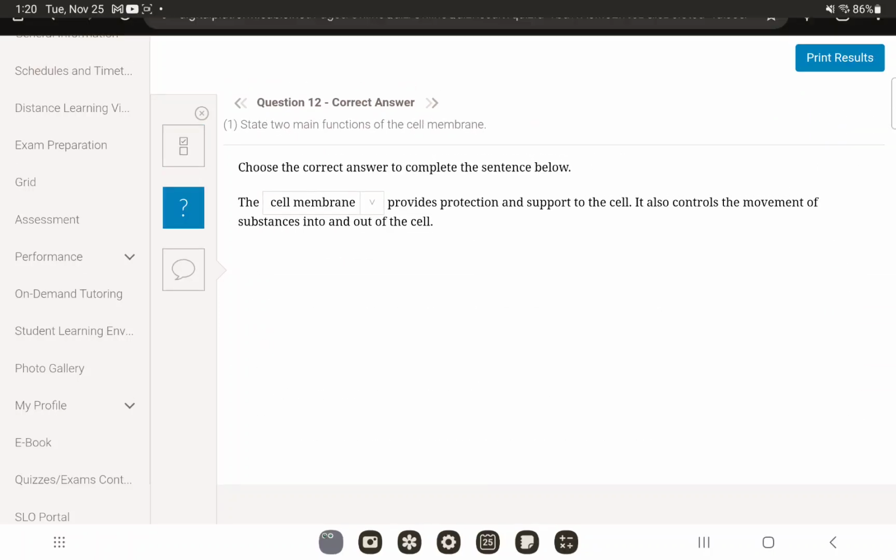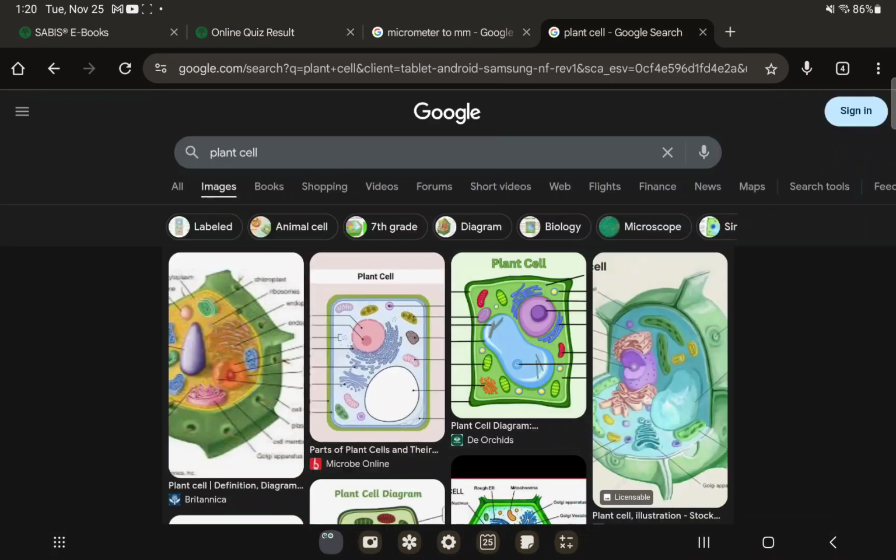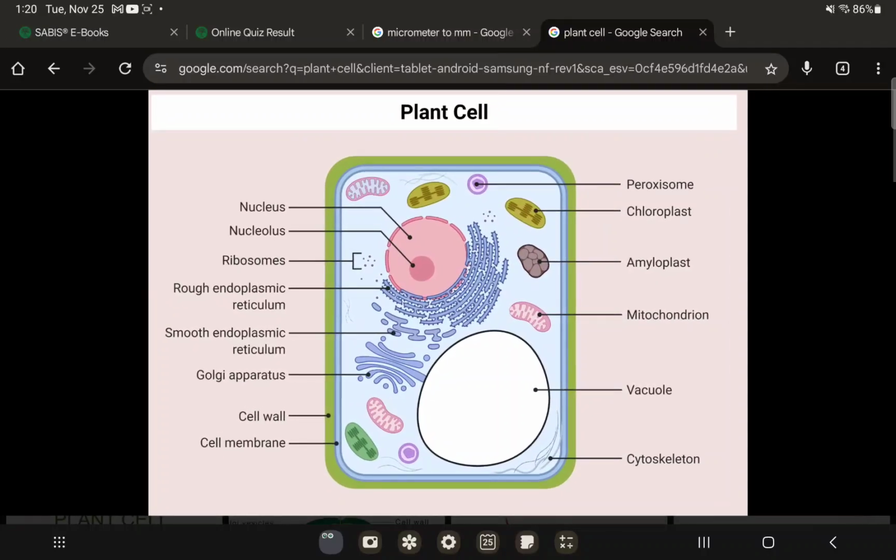And to show you a photo of what that looks like, here would be for plants. Like I said before, for plants. Although this, and this we are not studying. But everything else we are, and this is a photo of what a plant cell looks like and all of its parts.